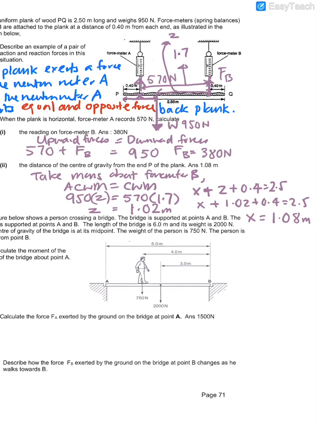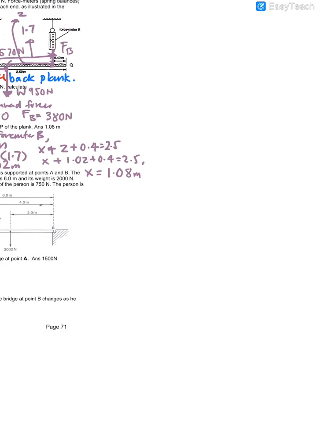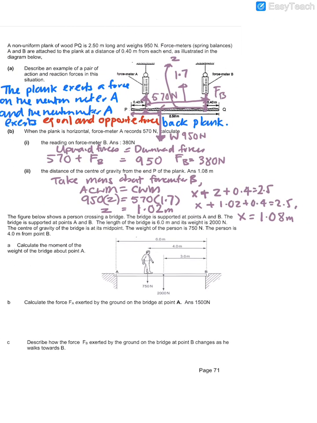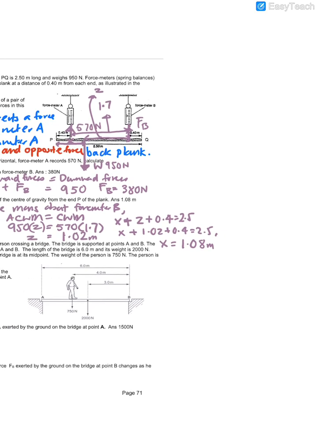Or you could have done it another way. Okay, I show you, or we do together. Let's try this, then we will end here already. Let's copy down the working.